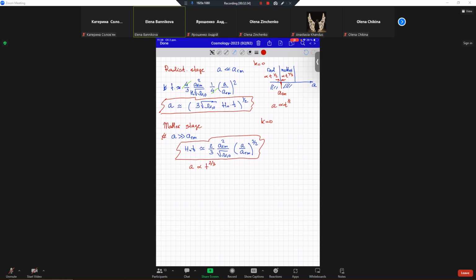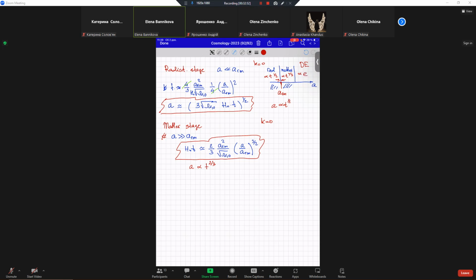For example, if we remind ourselves of dark energy, which corresponds to the present time, we are living in the dark energy era now. So in this case, the space evolves proportional to an exponent.